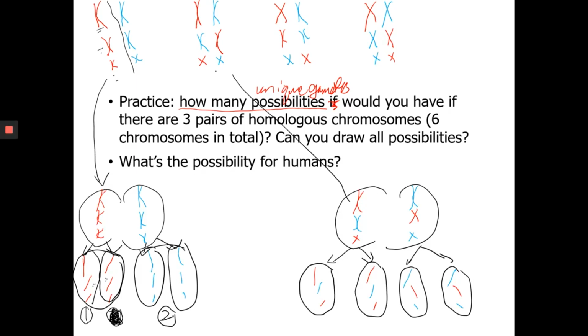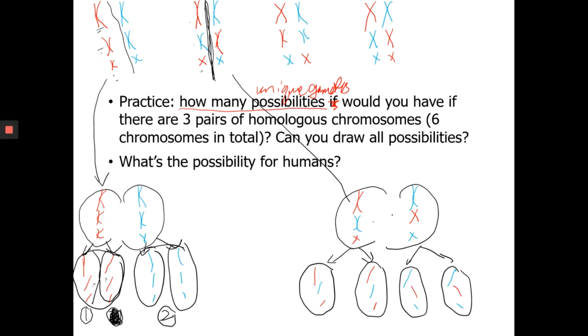And then this is the second scenario. So you can see that when they line up around the equator, the red big, blue medium, and red small line up on one side of the equator. And then you have the other group line up on the other side. So if they divide, this is what we're going to have, right? The big red, blue medium, and the small red.